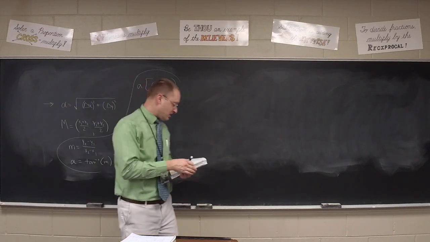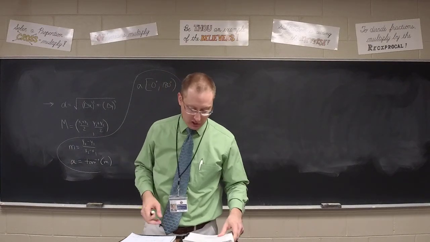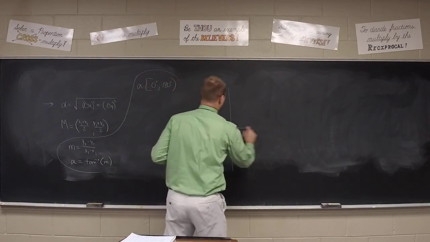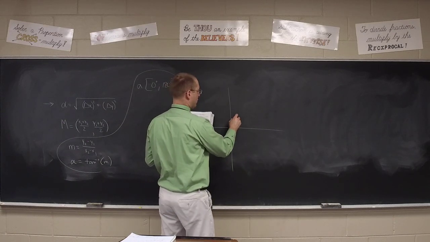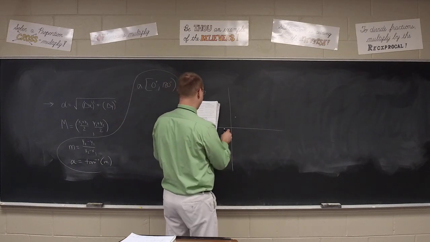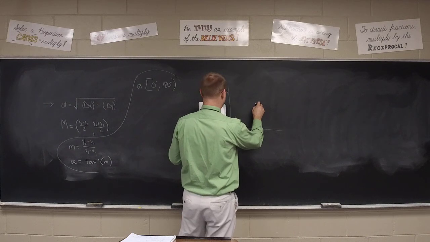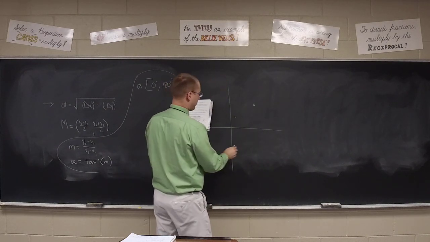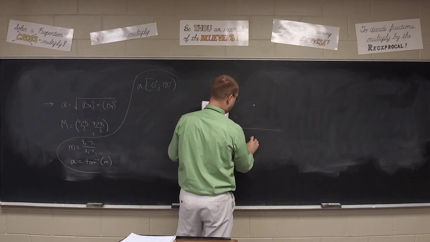So what I suggested we do was actually draw a very accurate sketch. And it looks like you did that there on your paper. So we've got the point 1, 2 somewhere around here. The point 5, 4 would be somewhere right about here. And then the point 4, negative 4 would be right about here.